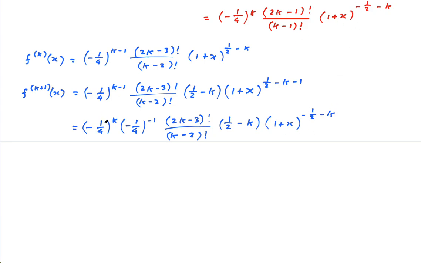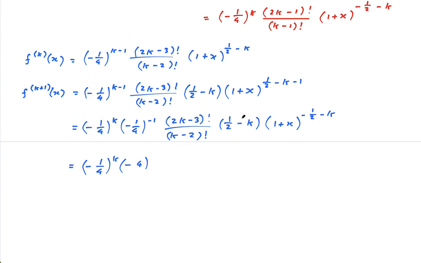And I don't need to worry about the minus a quarter to the power of k, because that's the same. What I need to worry about is the middle 3 expressions, if you like. I need to turn them into this. Now minus a quarter to the power of minus 1 is actually minus 4.